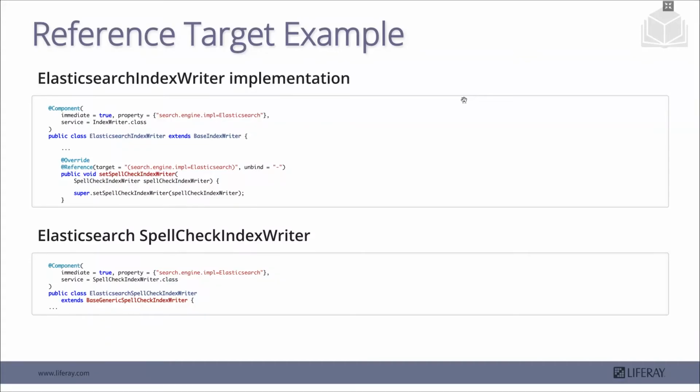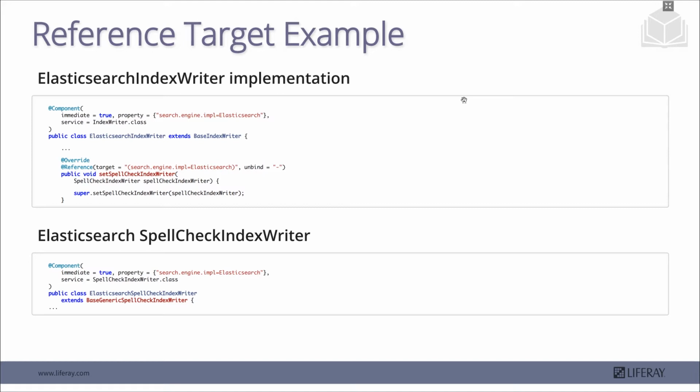So one of the primary ways that we can select which implementation is using a reference target, or a target property. We'll start here at the bottom with the Elasticsearch spell check index writer. In the component annotation at the bottom, you're going to see property equals followed by a specific property.